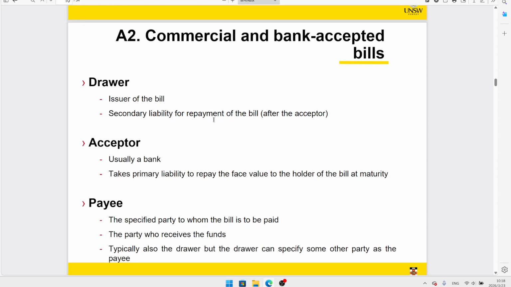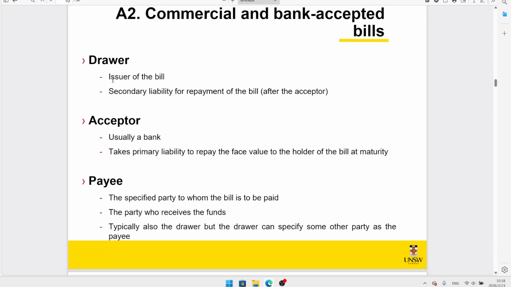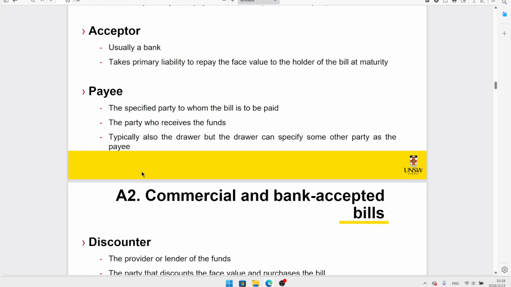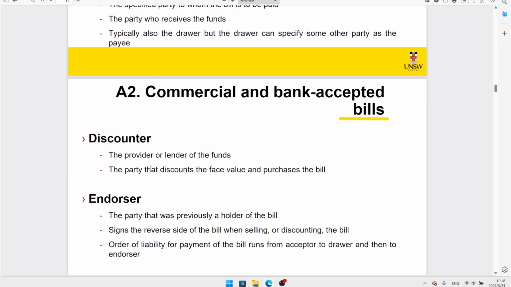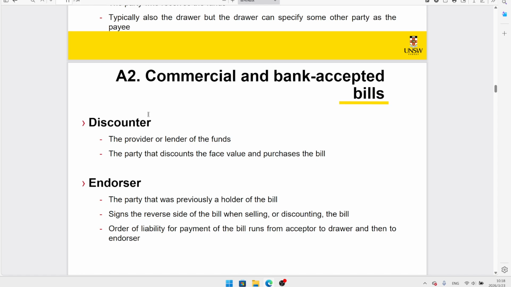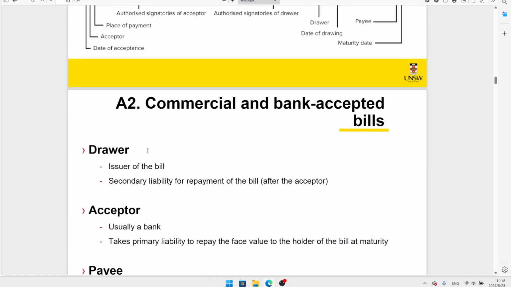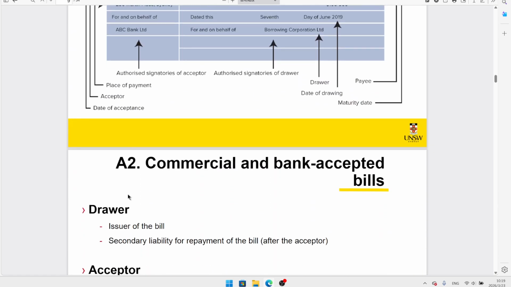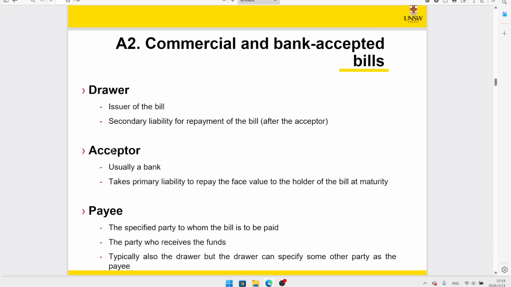Next, the drawer, acceptor, and payee, and the discounter or endorser. We'd like to pay attention to the discounter, the provider or lender of funds. The drawer is the issuer of the bill; the acceptor is usually the bank.